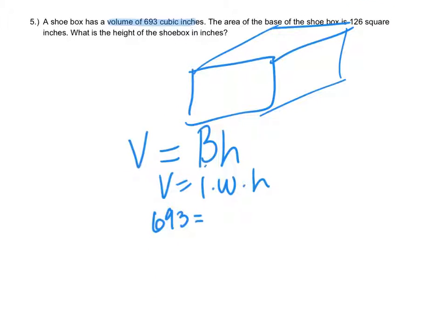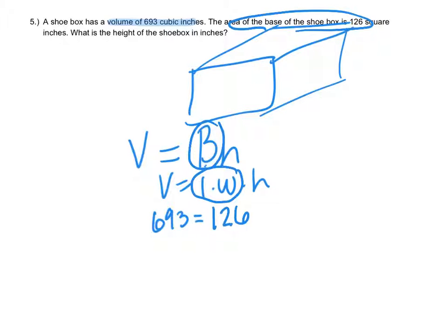What is the area of the base? It means this big B, which is length times width, and it's 126. So I'm going to rewrite this a little neater: 693 equals 126H.